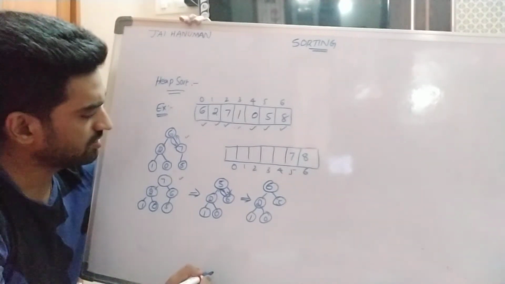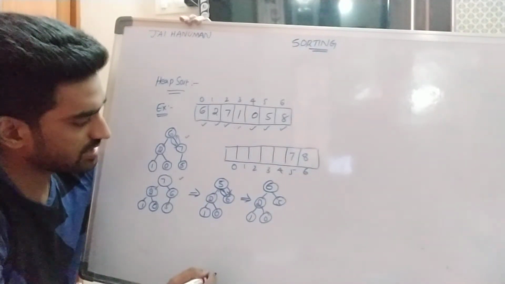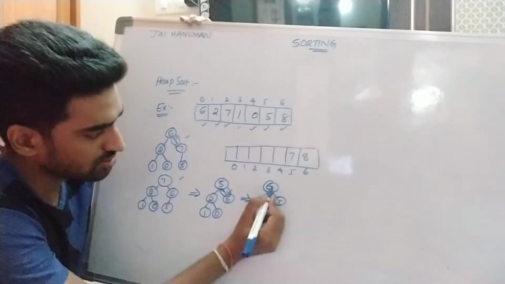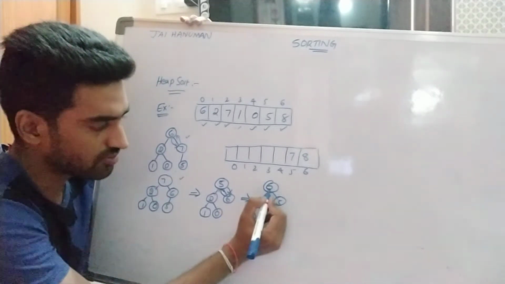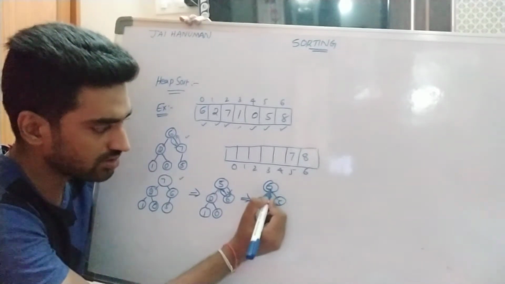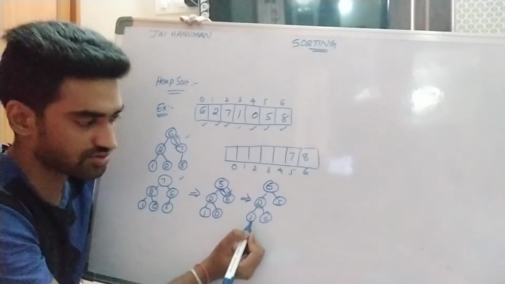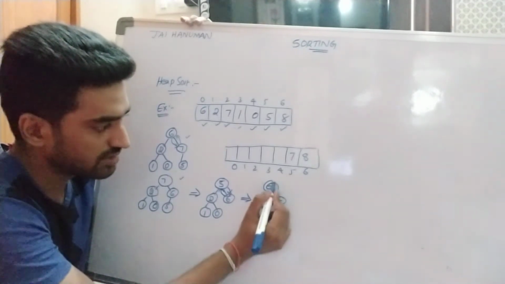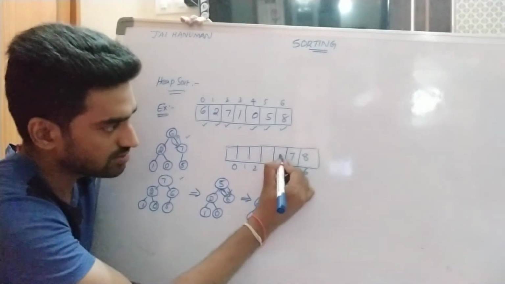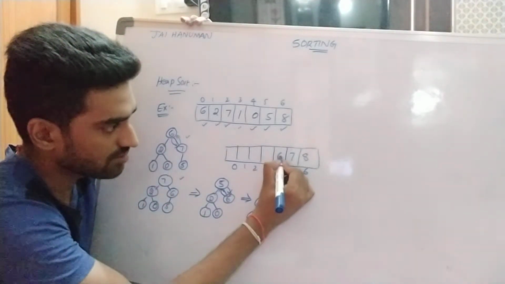So here what is the next root node? 6. So here we are deleting the root node and replacing it with the last node. Right? So the deleted root node 6 is placed in the sorted array.